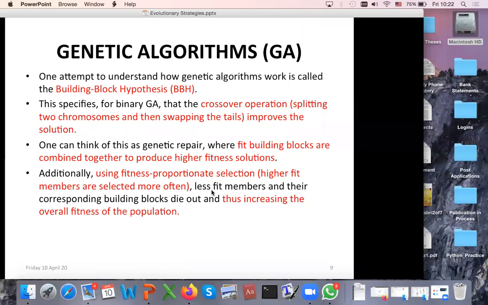So you can select only the fit blocks from your old building, and then recombine those fit blocks for your new building. In this way, you can get a new building with strong fitness. So this is the BBH story, or BBH hypothesis.